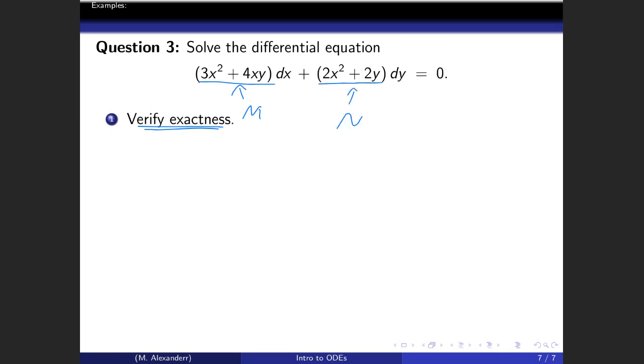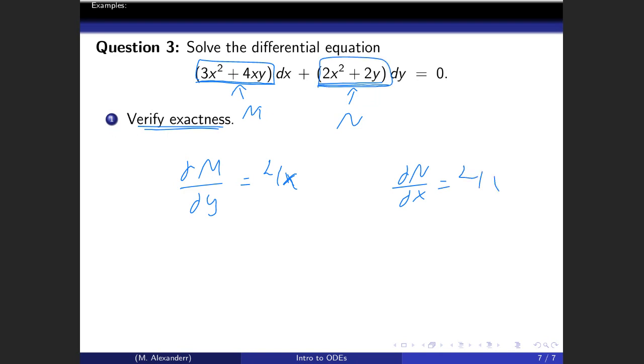To verify exactness, we differentiate the m function with respect to the y variable, and we get 4x. Now differentiate the n formula with respect to the x variable, and we get 4x also.